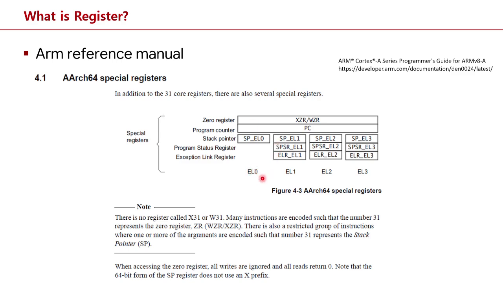As you can see, in each exception level, there are the SP_EL1 register, the SPSR_EL1 register, and the ELR_EL1 register. So it is necessary to read and review the contents of the Arm reference manual. This material will be thoroughly reviewed in a later lecture.